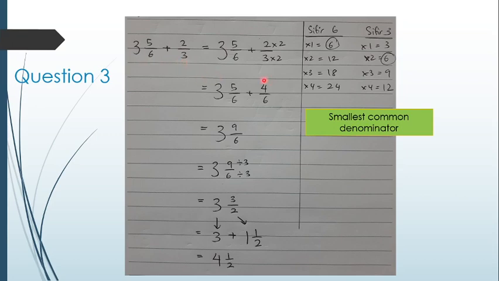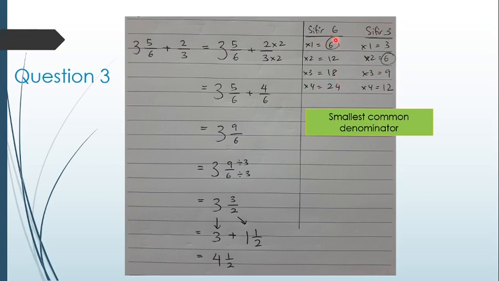So what we are going to do is change it to be the same denominator. It's the same step as previous. You list down the CFA involved to find the smallest common denominator. In this question the CFA involved is CFA 6 and CFA 3. So you list down and find which is the smallest common denominator.